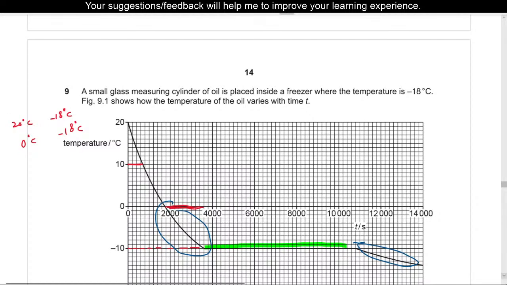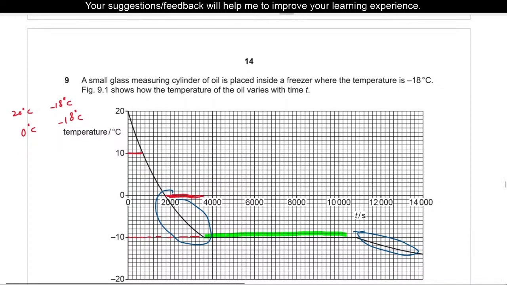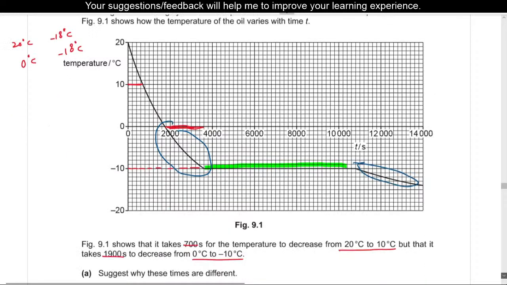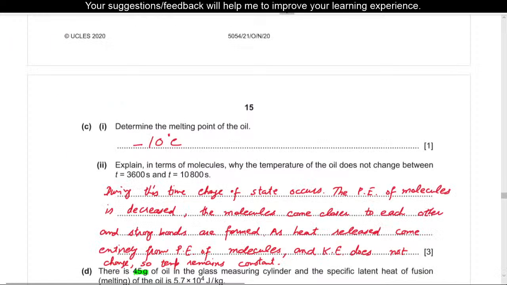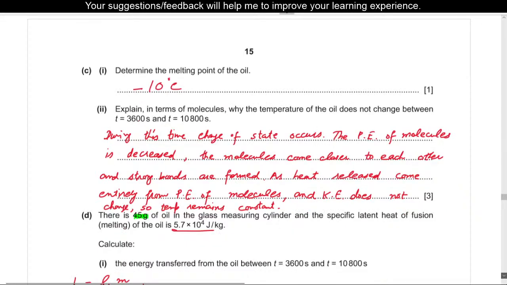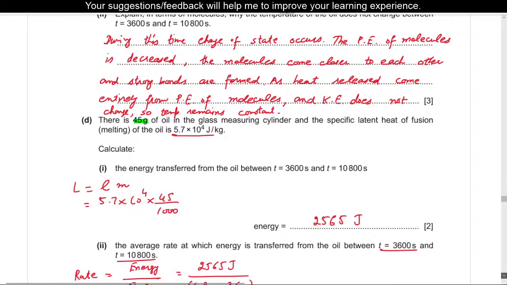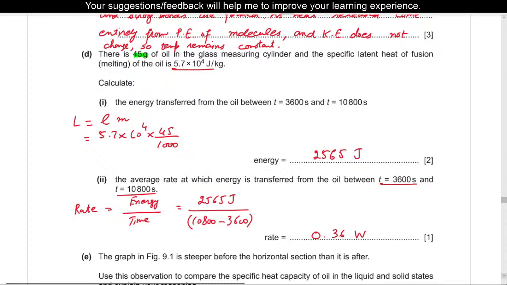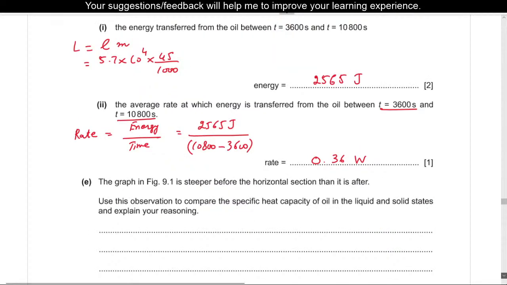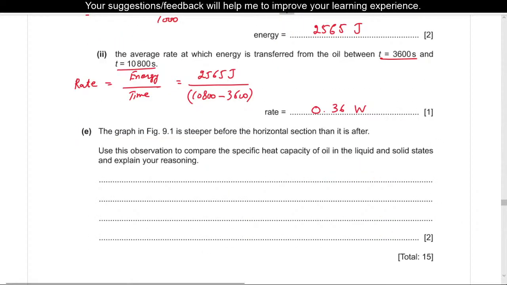And you have to tell the reason in terms of specific heat capacity. Now what is specific heat capacity? It is heat divided by mass into delta T.